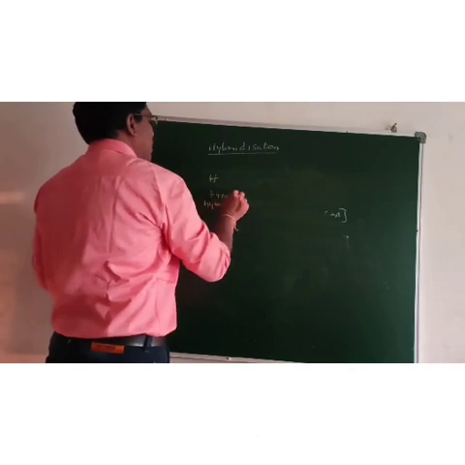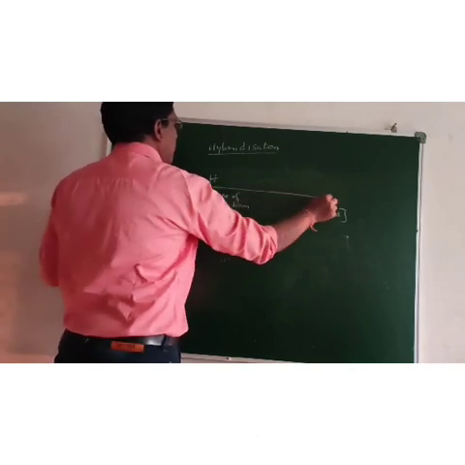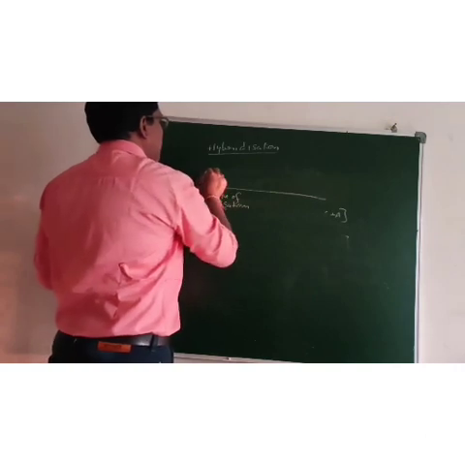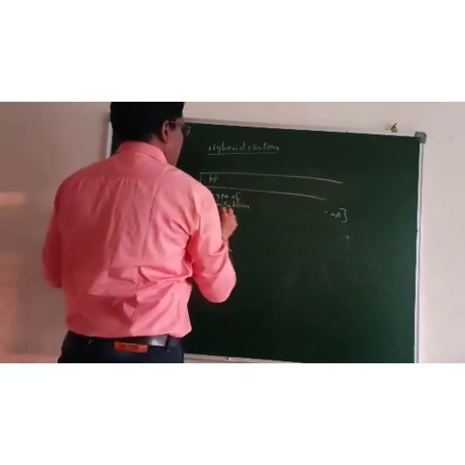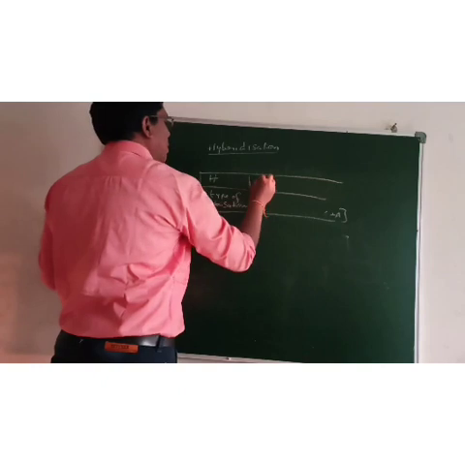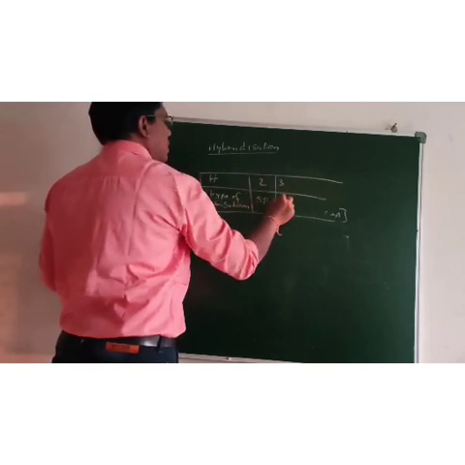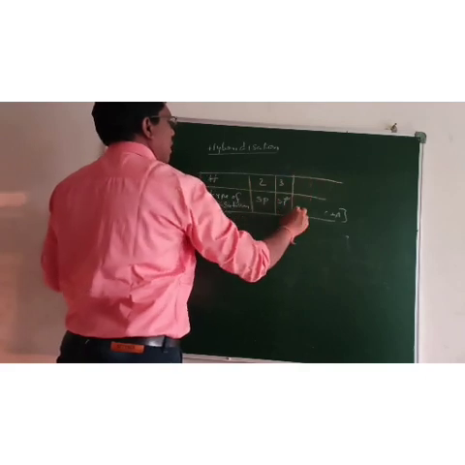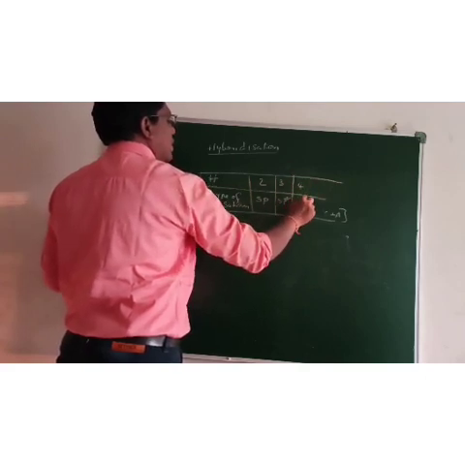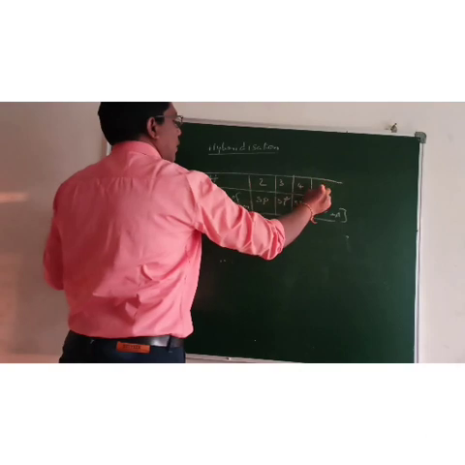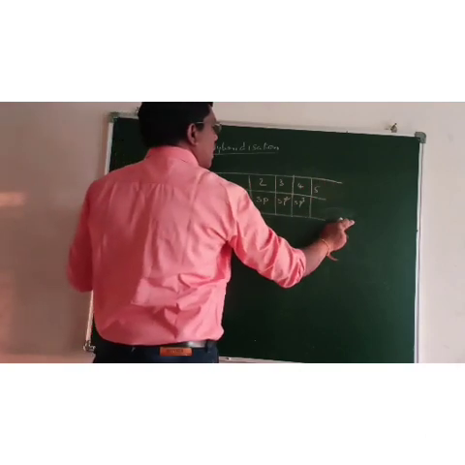Type of hybridization. If the H value is 2, then its hybridization is sp. Like that, H value 3, its hybridization is sp2. H value 4, hybridization sp3. If the H value is 5, the hybridization is sp3d.